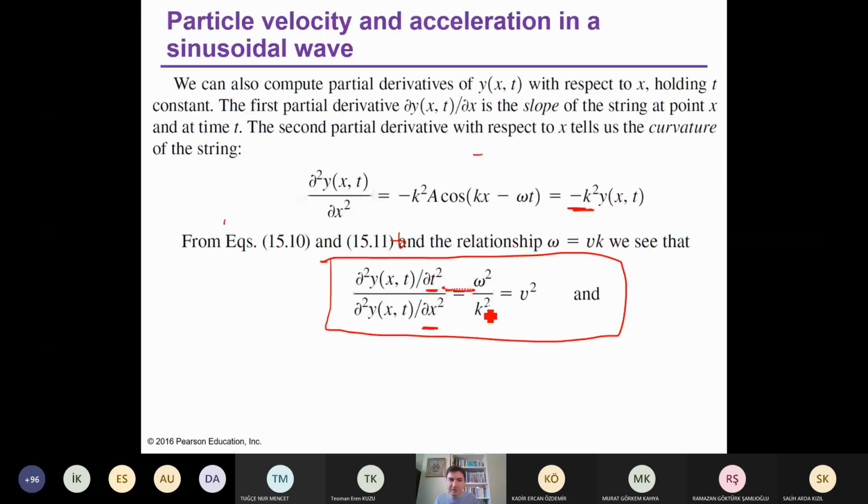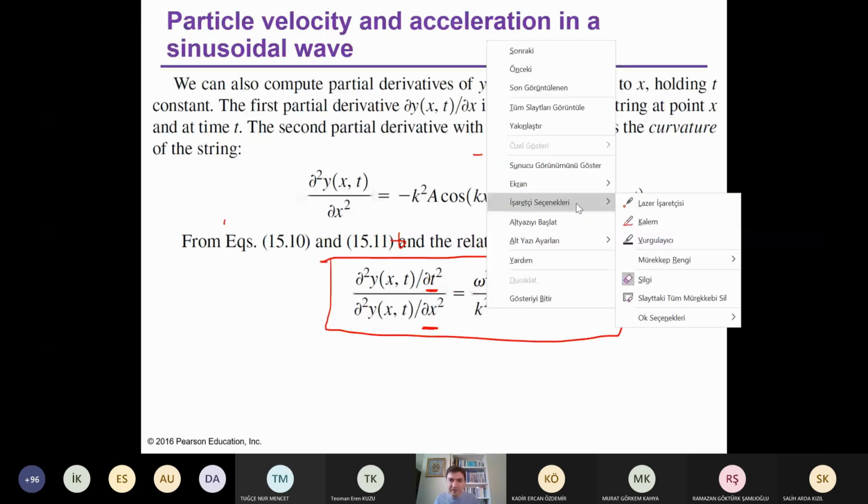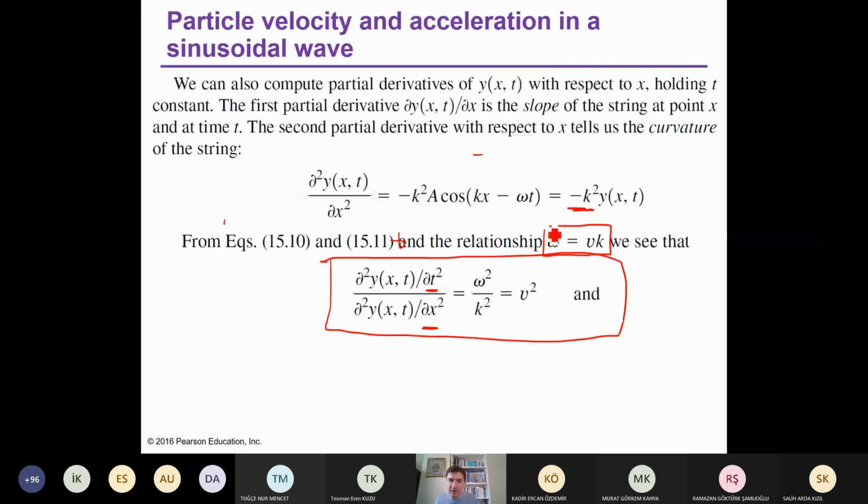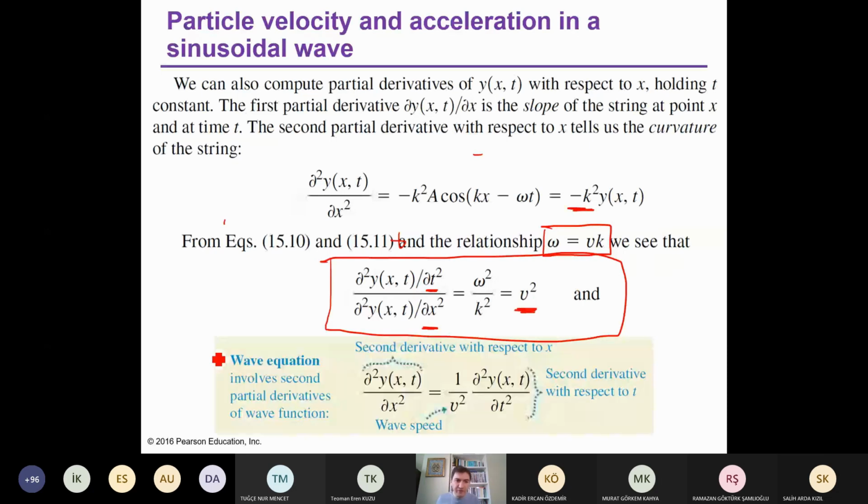And remember that omega is given by this expression, v times k, okay? Then if you put here v squared k squared, then finally we will have this expression, okay? So we have this wave equation, which involves second partial derivatives of the wave function.